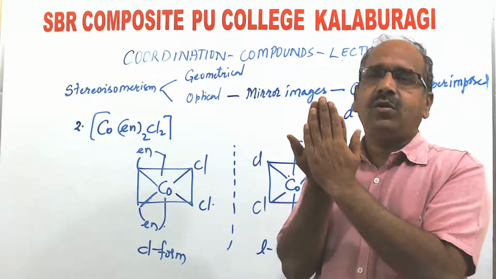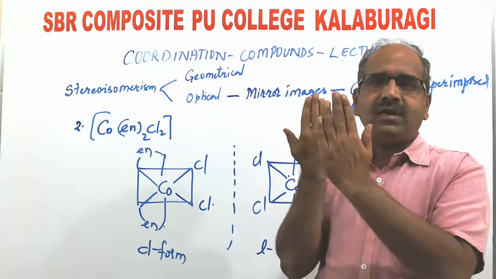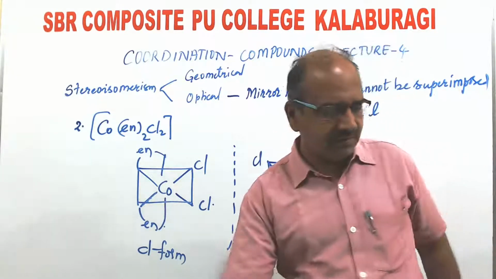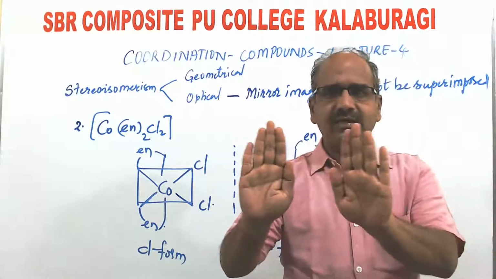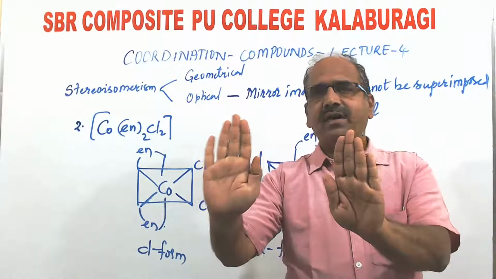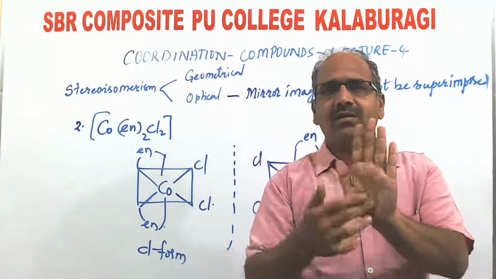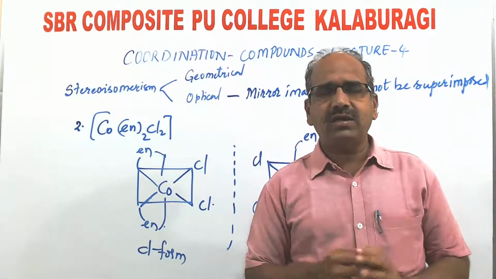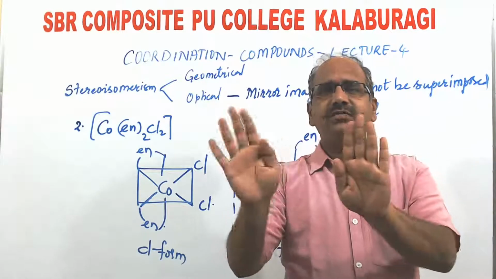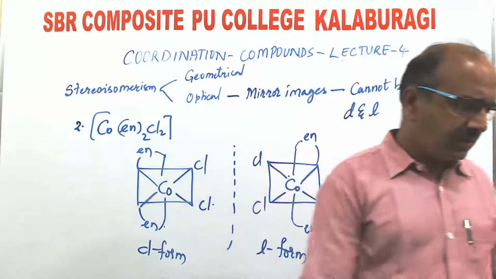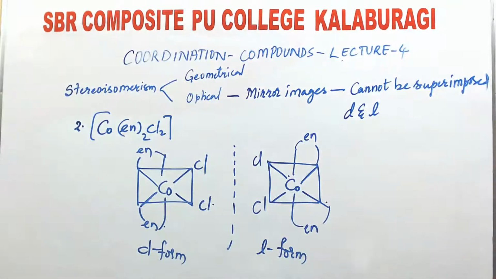So these are non-superimposable. These two are different. Like this, it is a mirror image. Right hand's mirror image is the left hand. Not all those lines in the palm, just the image. Basically, it is a mirror image. Just have a look. Then we shall move further.